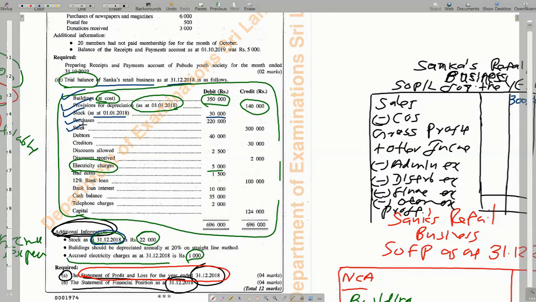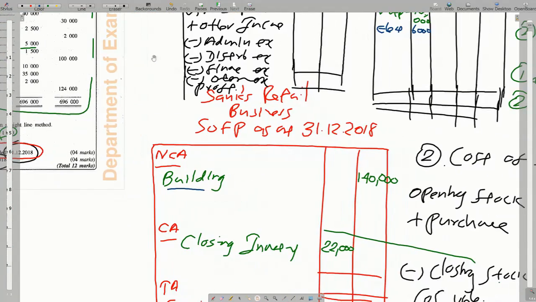Remember, when you see debtors, or the words account receivable, they are of course an asset. We have some balance with our customers; they have a liability, and we have the asset. So if one customer is required to pay 40,000 to our company, that 40,000 will be an asset of the company. That asset we identify as debtors. Debtors we discuss in the statement of financial position under current assets.